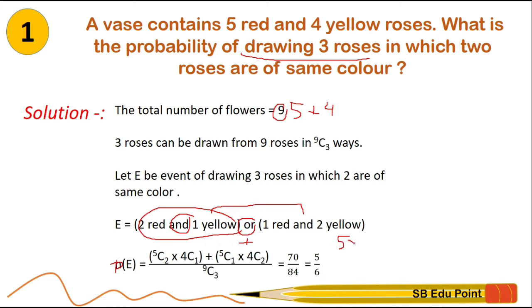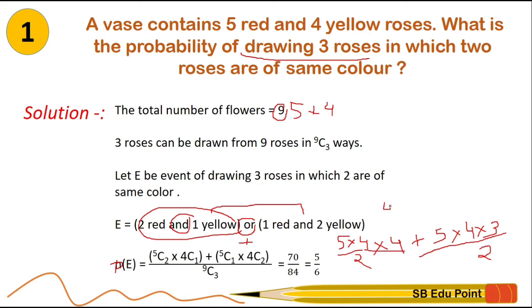5C2 means 5 into 4 upon 2, and 4C1 means 4, because 4C1 is 4 factorial upon 3 factorial into 1. In the same way 5C1 will be 5 into 4C2 will be 4 into 3 whole divided by 2.